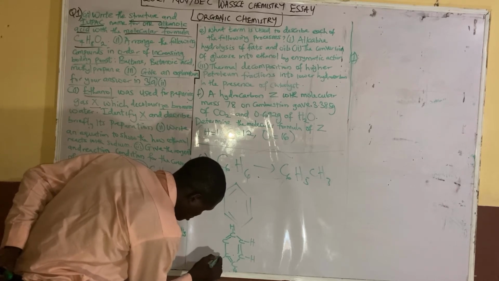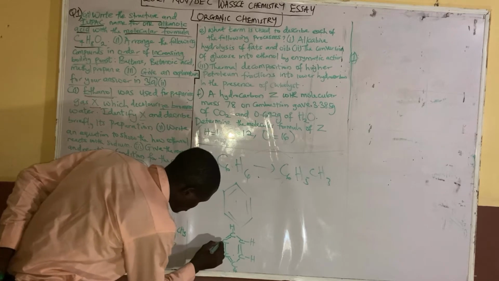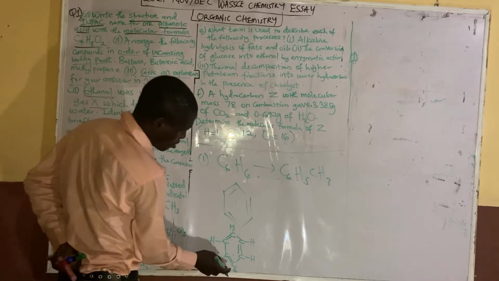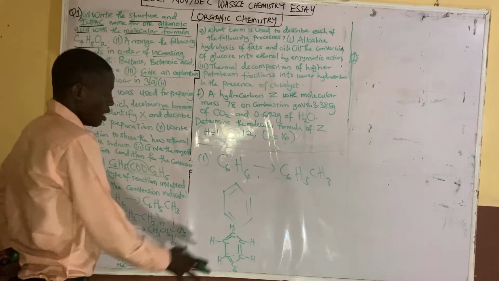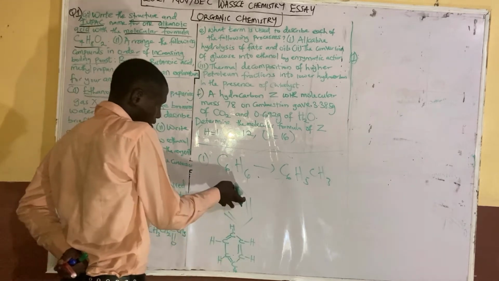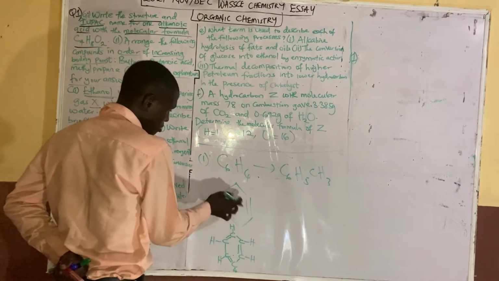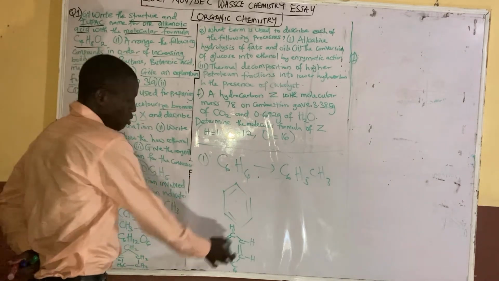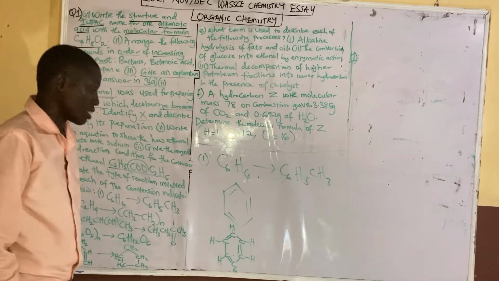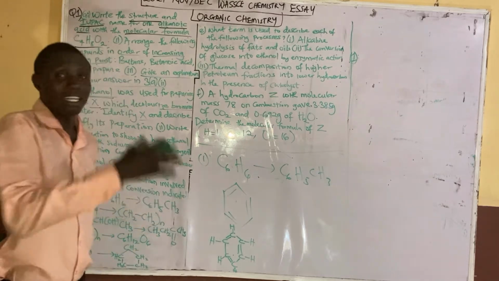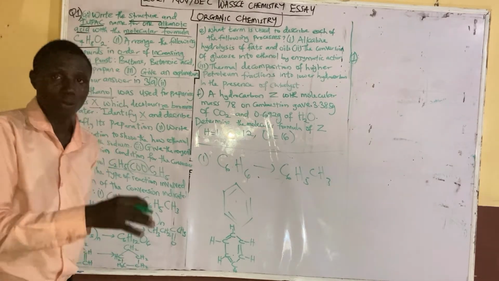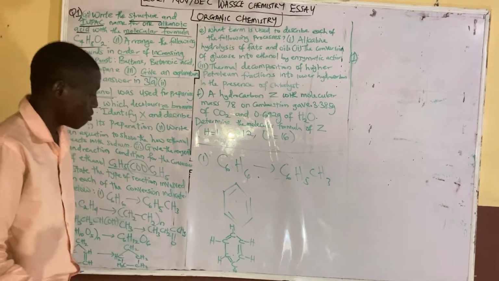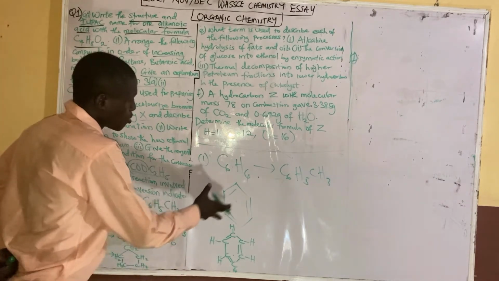So we have another hydrogen here, another hydrogen. So this and this are the same thing. This one does not show you the hydrogen and the carbon, but this one shows you the hydrogen and the carbon. So it's a method of arrangement. There is a name for it in chemistry, but it is not for your level now. So let's just write it as this.